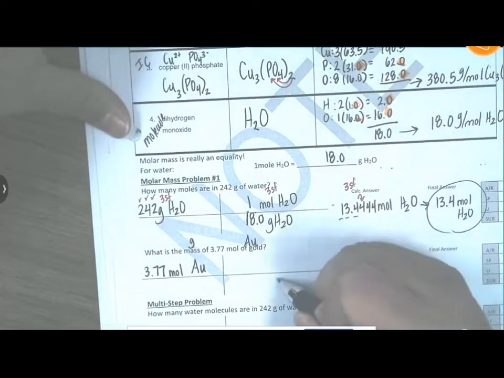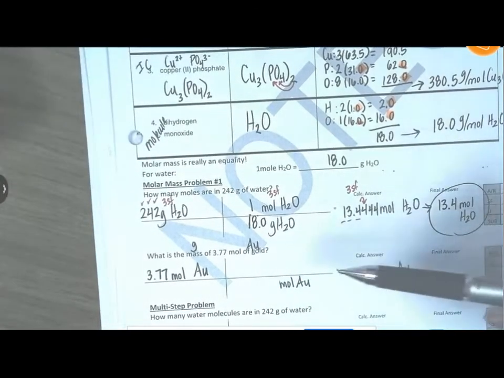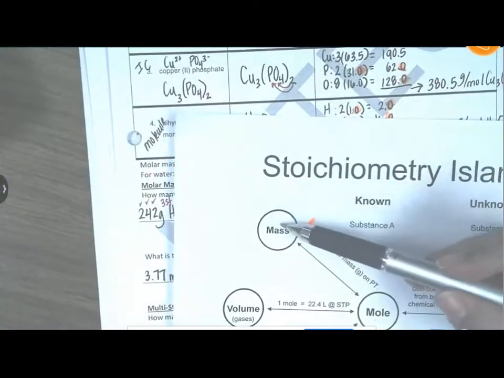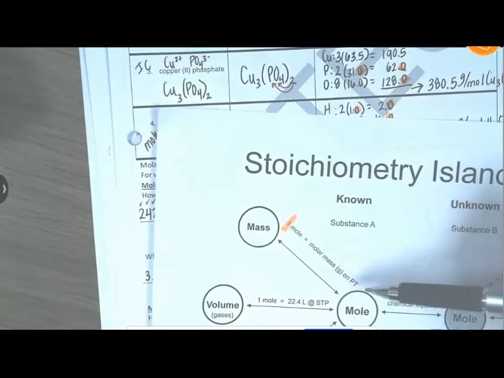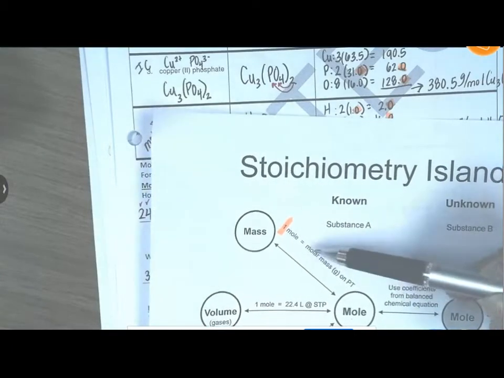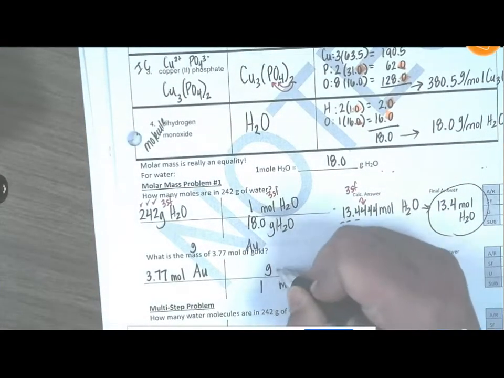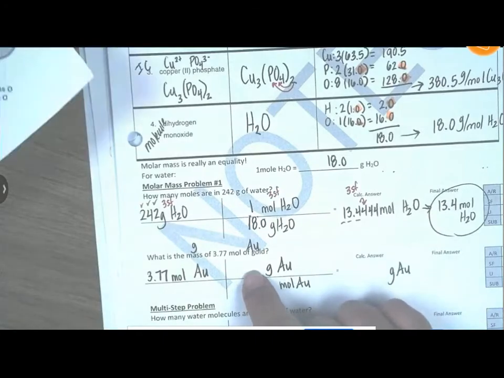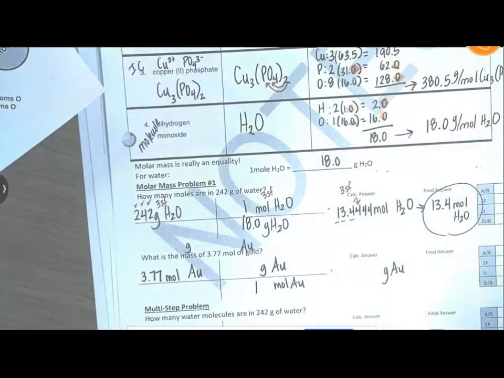And I want to cancel out moles of Au. Once again, I want to go from moles to grams. 1 goes with the mole. Molar mass, grams on the periodic table, goes with the grams. So 1 goes with the mole. Grams of Au, well, what's the number on the periodic table? We already found it up here, but what if we hadn't found it yet?